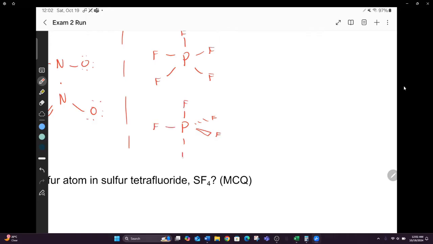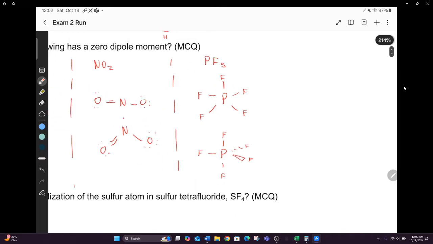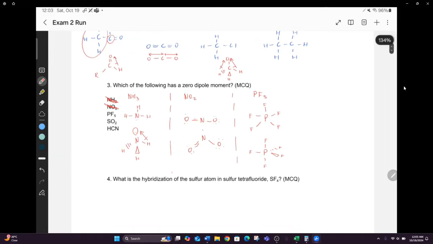I believe that this is called trigonal bipyramidal. But as you can see, all these fluorines are pulling equally on that phosphorus, because they have all been spread out evenly. They're all pulling on the P equally. There's no lone pairs on the P. So that's why PF5 will have your zero dipole moment.